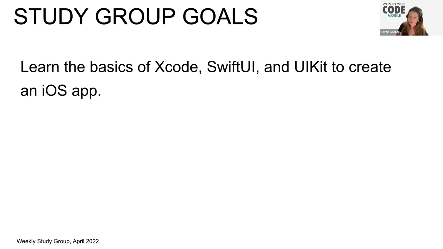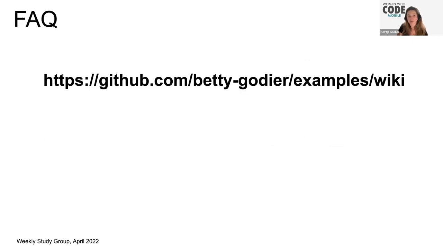The goal is to learn SwiftUI and the basics of SwiftUI. If you have things that go wrong or questions that you ask today, I will add them in this wiki, because sometimes things are missing in the tutorial.